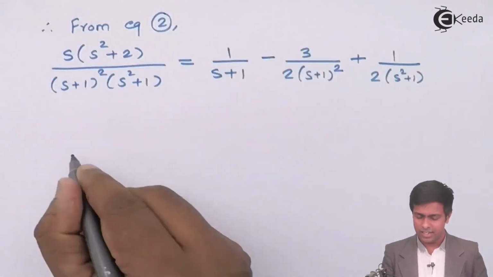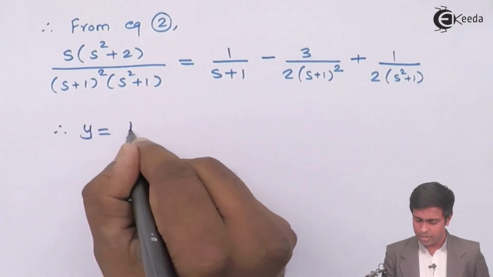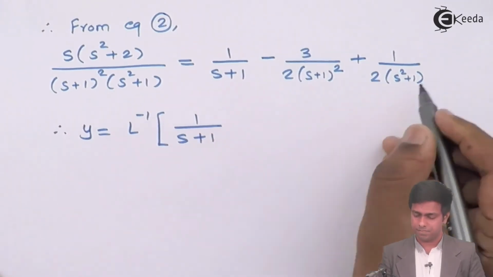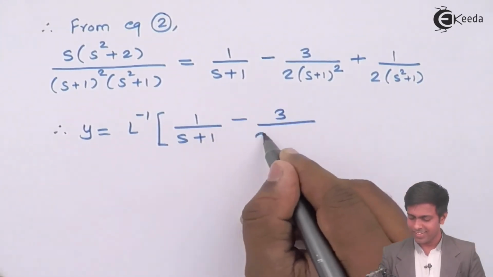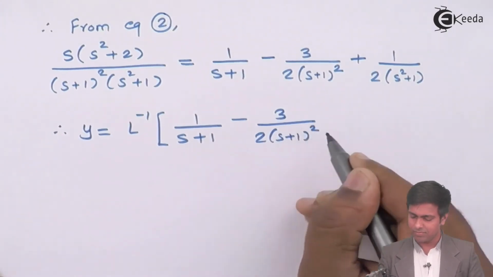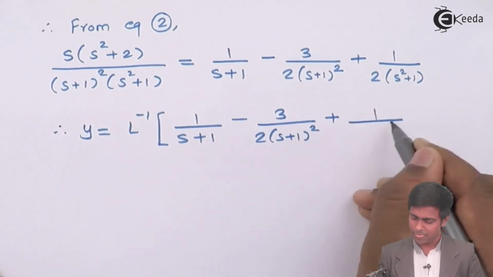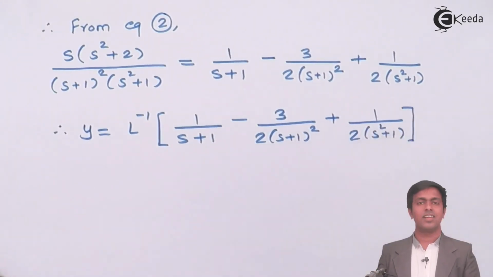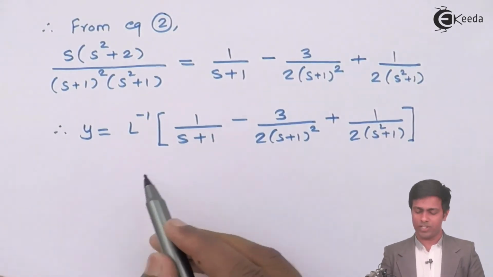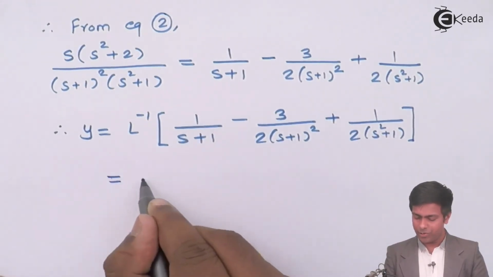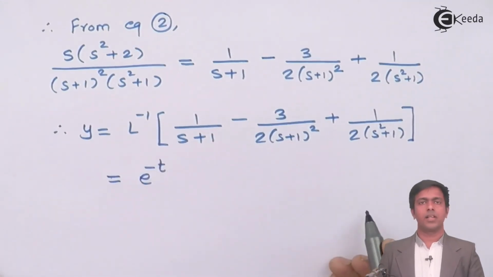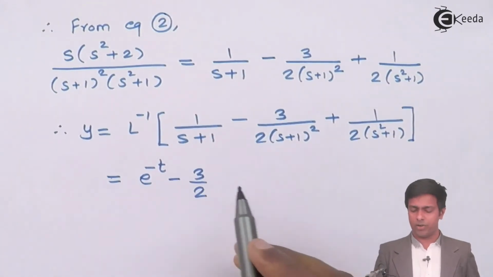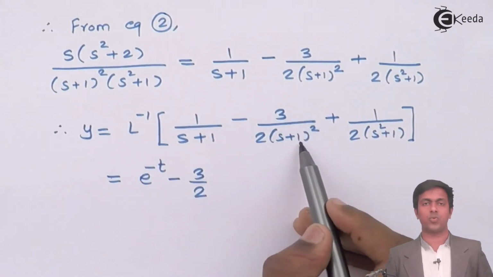So here I'll say, therefore, y is equal to the inverse Laplace transform of 1 upon S plus 1, and then now the inverse Laplace transform of this 1 upon S plus 1 is e to the power minus t. Next, in the second term I'll take minus 3 upon 2 outside, and we'll find the inverse Laplace transform of 1 upon S plus 1 the whole square.